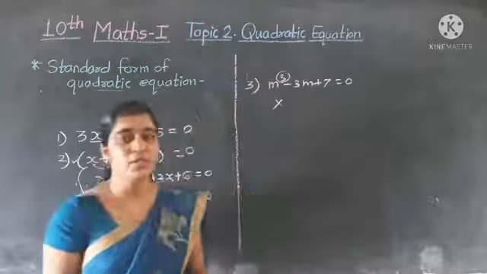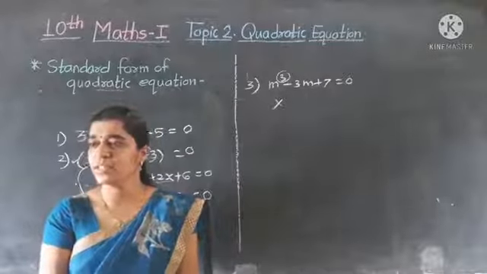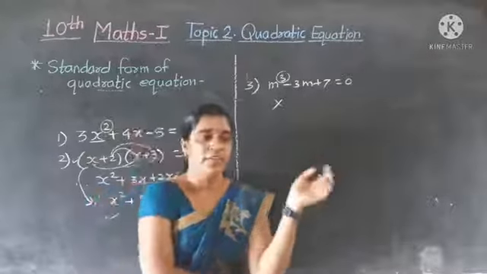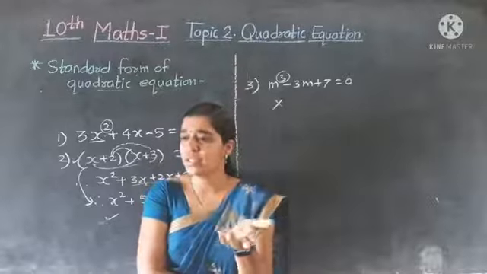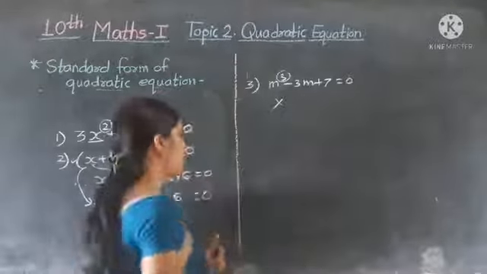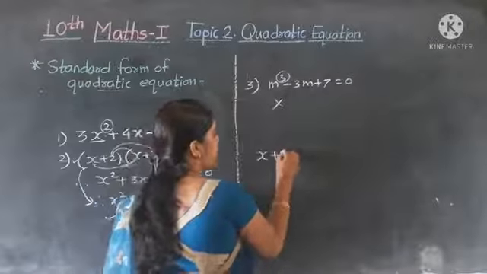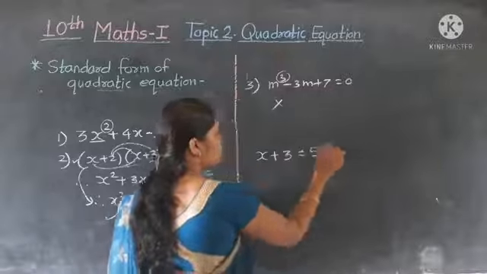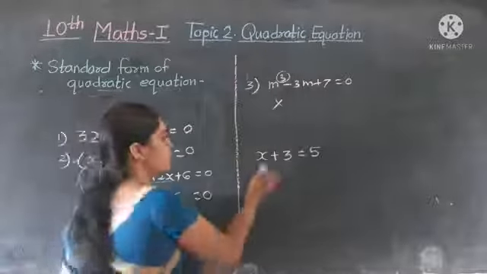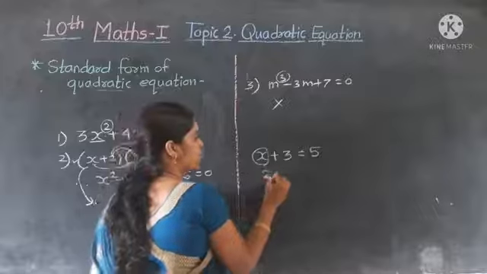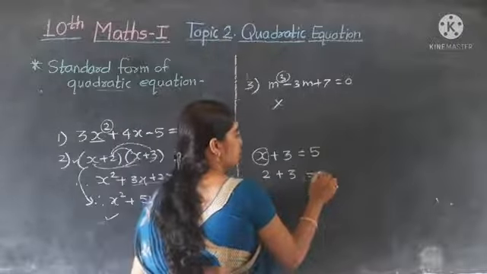Now we see one more point, that is the solution of a quadratic equation. When shall we say that it is a solution? Suppose I have given here the example x plus 3 is equal to 5. Then if I put the value of x as 2, that is 2 plus 3 is equal to 5.